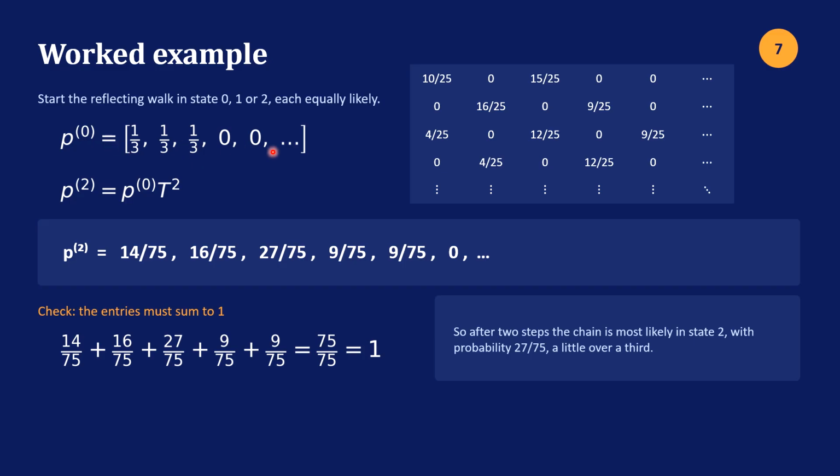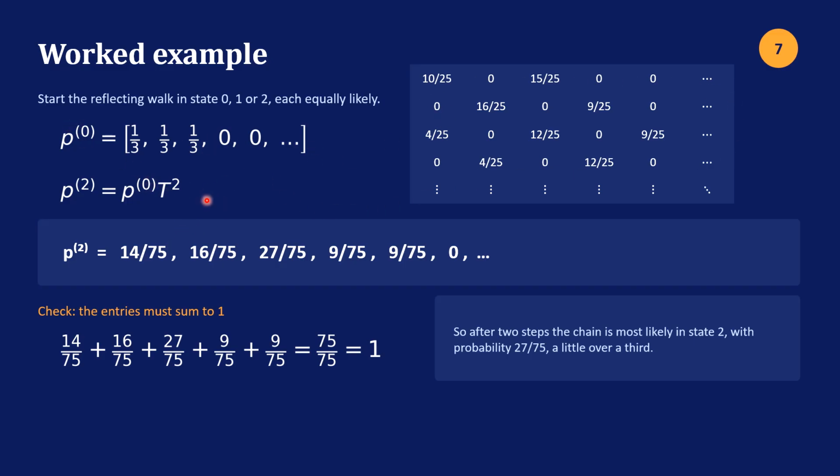Of course, these have to add to 1, so all the other entries are 0. If we want to find the absolute probability at step 2 of being in the various states, we just multiply this P0 times T squared.